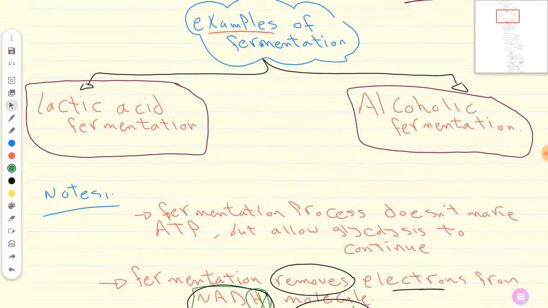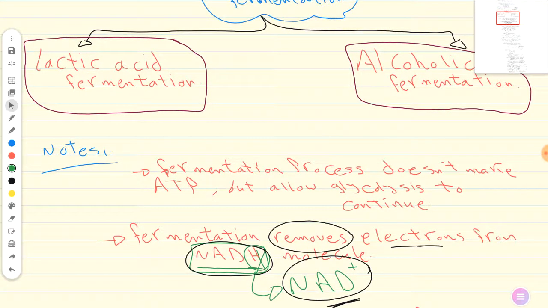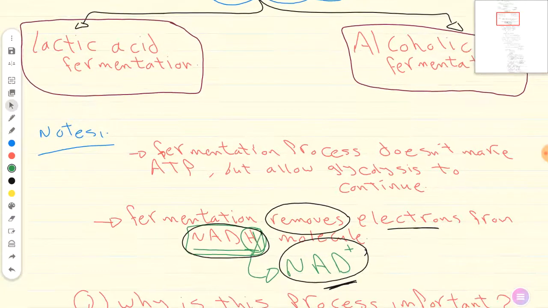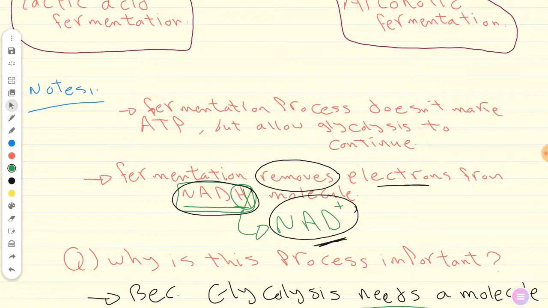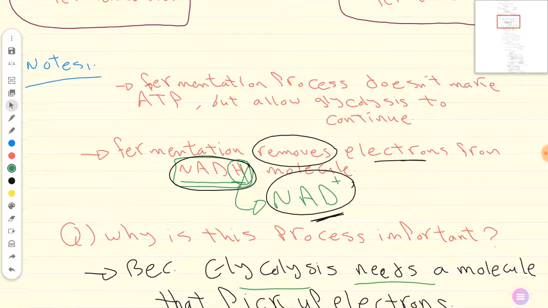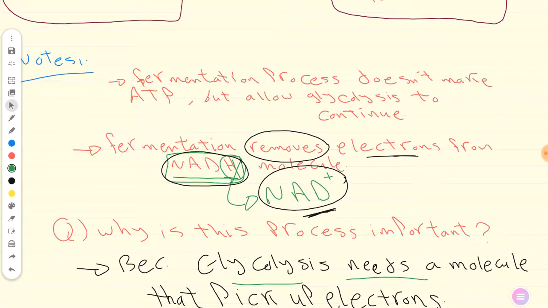Let's talk about some notes on this process. The first point, you must know that in this process fermentation doesn't make ATP, but allows glycolysis to be continued.